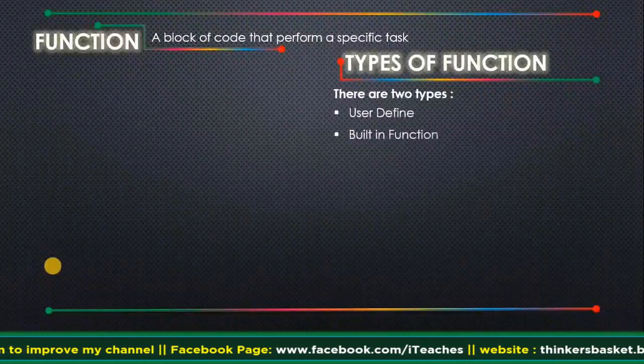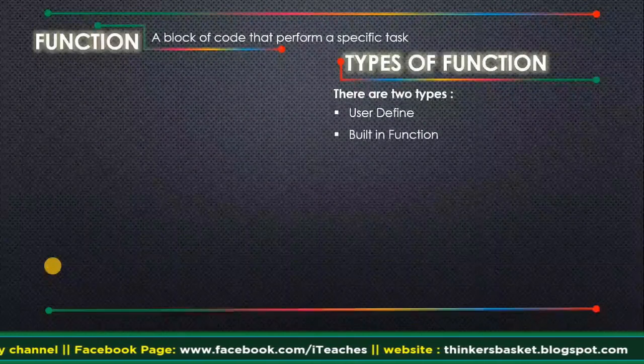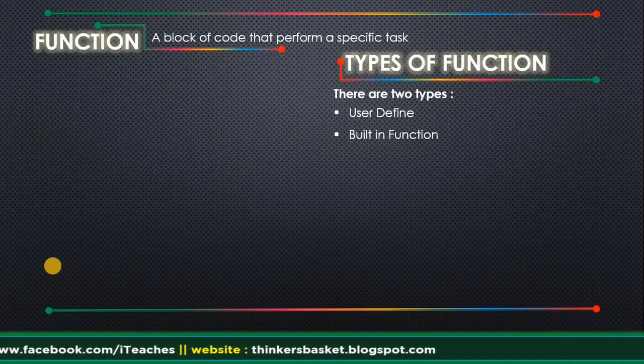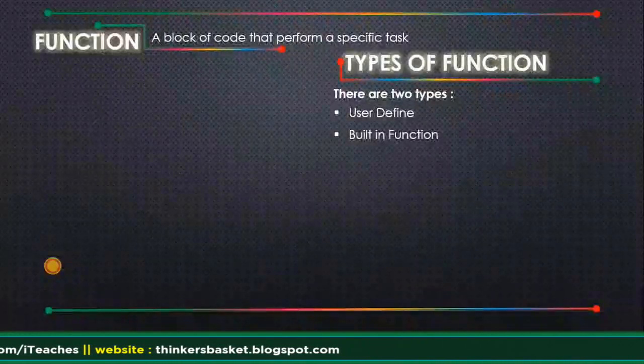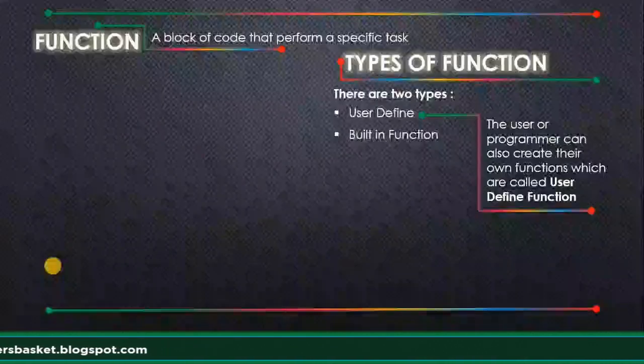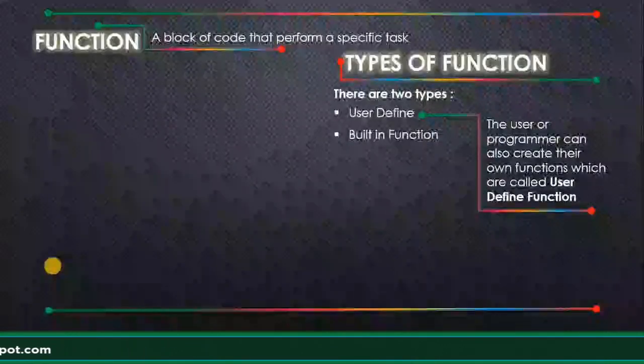Alright, now let's proceed to the types of function. In Python we have two types of function. One is called user-defined function, another is built-in function. The user or programmer can create their own functions, which are called user-defined functions.